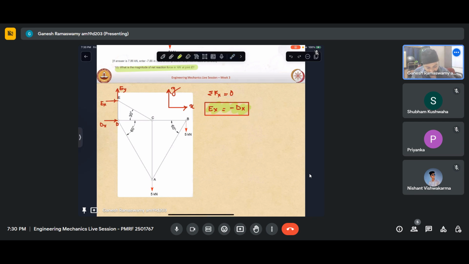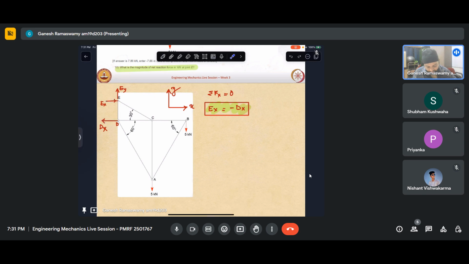So first, let us correct that. Let me take this to be Dx instead. Following this equation, I have corrected the direction of Dx and keeping Ex the same. So now I have a force like this, I have a force like this.